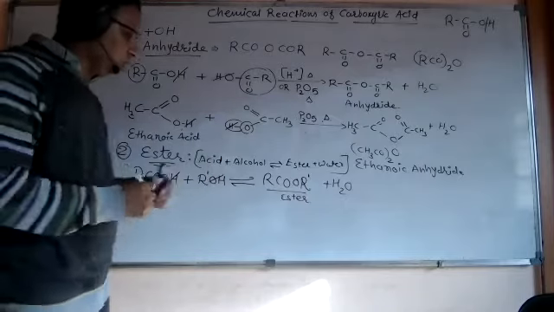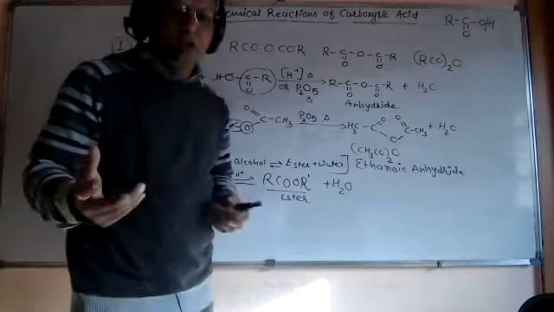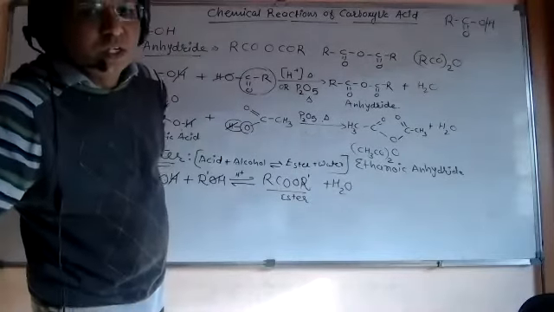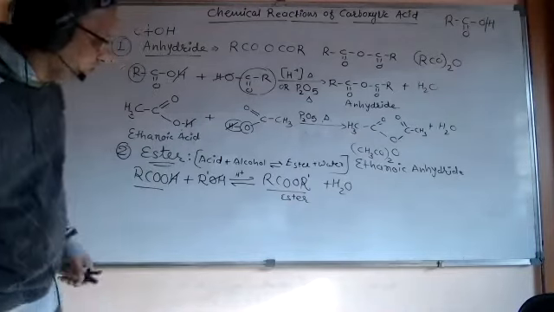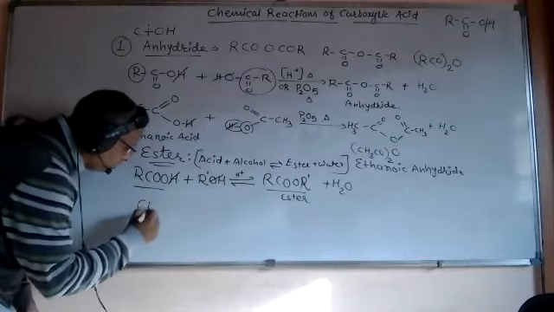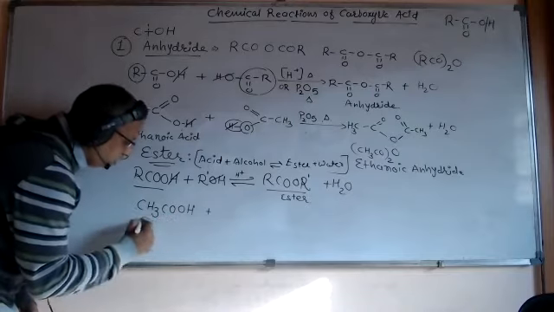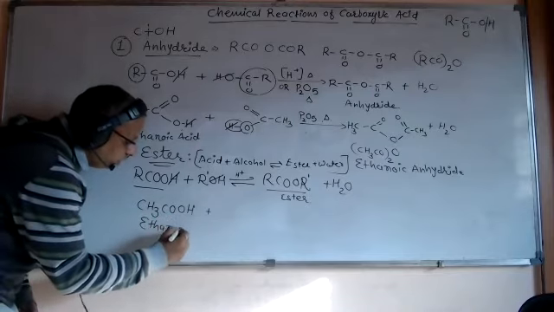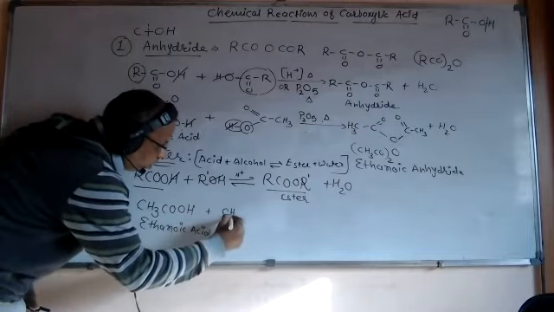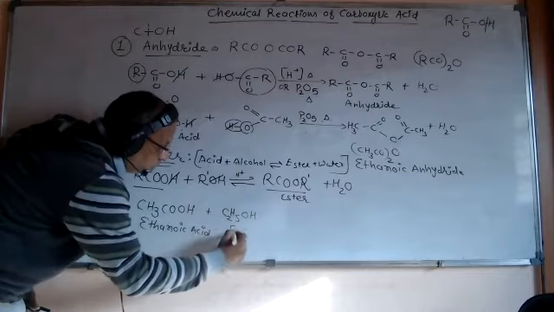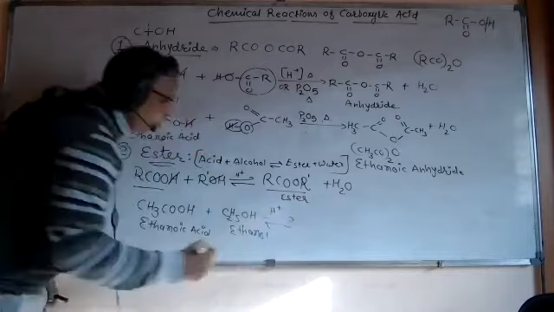So this reaction is in presence of H plus. It may be hydrochloric acid or sulfuric acid. The reaction becomes faster as they act as a catalyst. For one example, let's consider, friends, CH3COOH, acetic acid, or ethanoic acid. And for example, C2H5OH, ethanol, is taken as alcohol in presence of H plus.